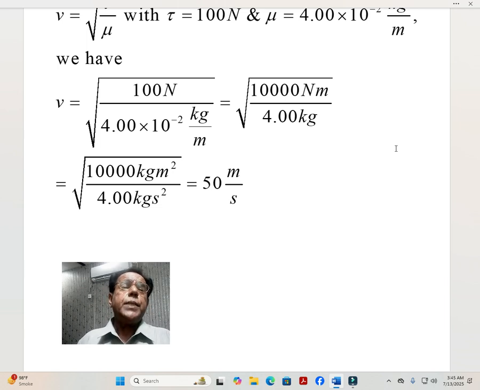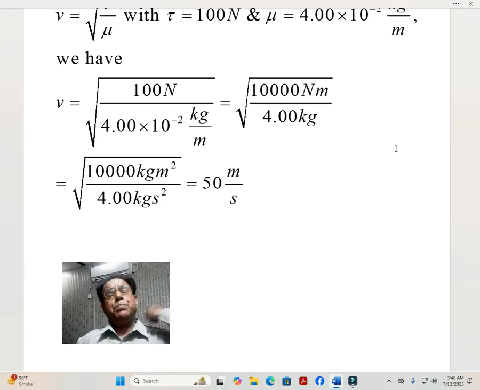Moreover, in the denominator, mass kilogram per meter, meter is appearing in the lower part of the denominator, so it will be shifted to the numerator. That is to say, 10,000 Newton into meter divided by 4.00 kilogram.